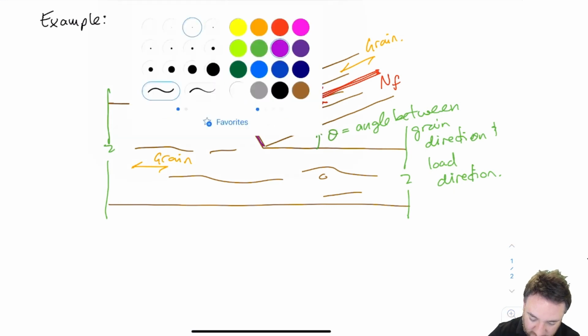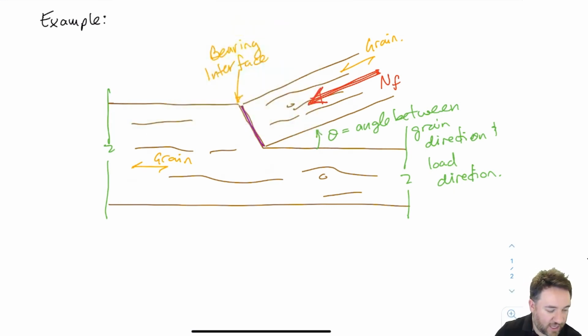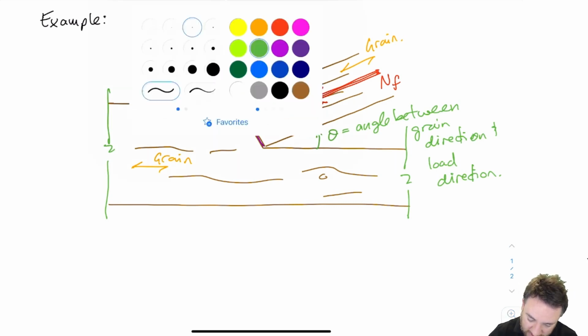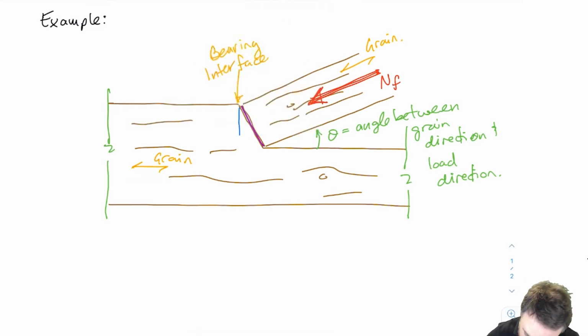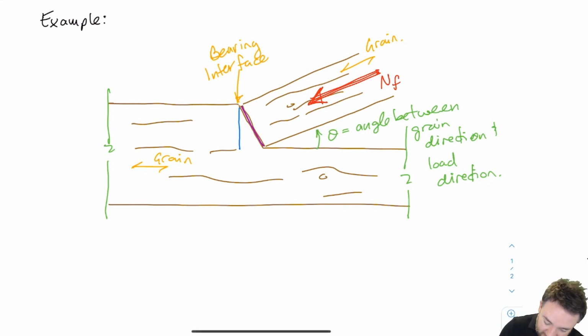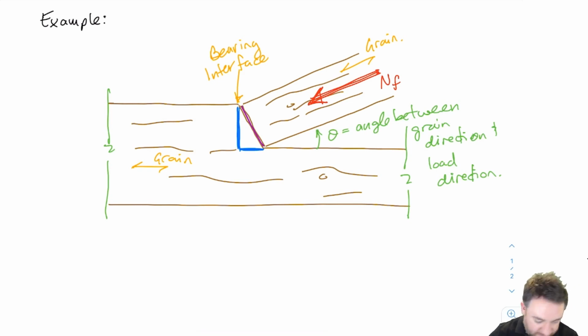Purple is the angled bearing surface. I'm going to split that bearing surface into one component that is parallel to grain and one component that is perpendicular to grain. This side is the parallel to grain component, and this side is the perpendicular to grain component. So I've split this into two different bearing surfaces.